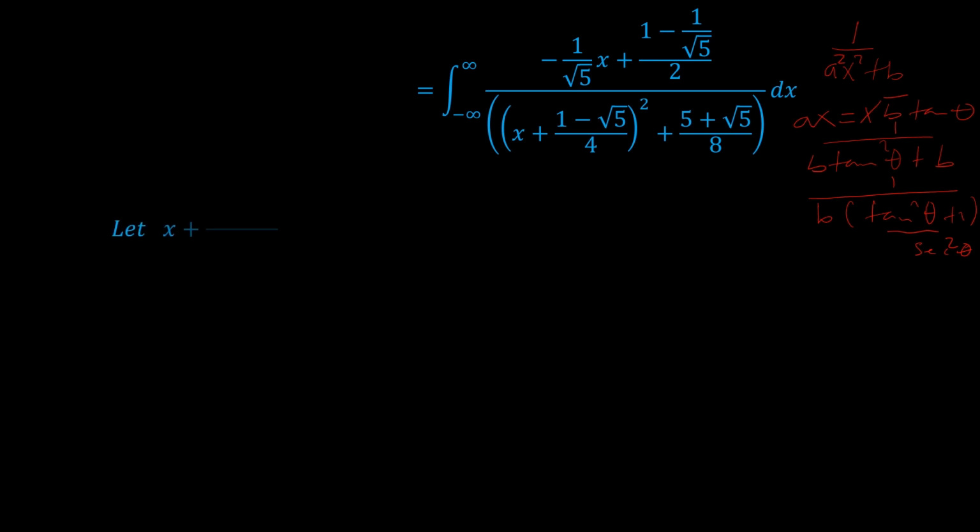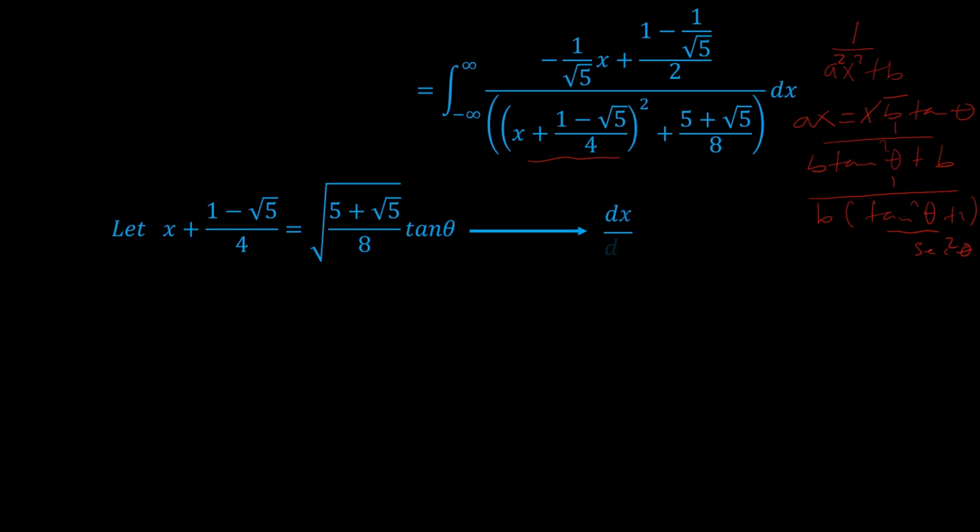So we're going to now use this. We say x plus 1 minus root 5 over 4, this entire thing, is equal to the square root of b, which is the square root of 5 plus root 5 over 8, times tan theta, such that dx d theta is the same as this constant, root of 5 plus root 5 over 8, times sec squared theta.